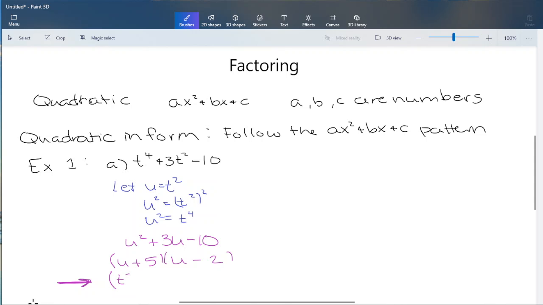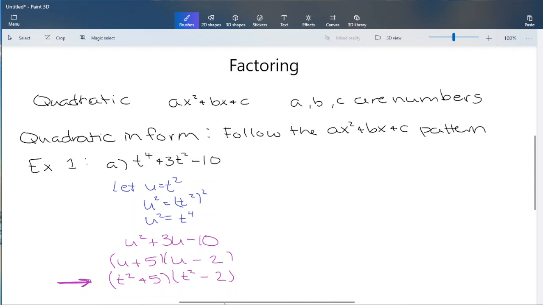So I'm going to have t squared plus 5. Okay, and then I'm going to have t squared minus 2. We want to check that neither of these can be factored any further, okay? And they can't, neither one is the difference of squares, so this is our final answer, but there's always a chance that when you go back to the original variable that you'll need to actually factor further, okay?